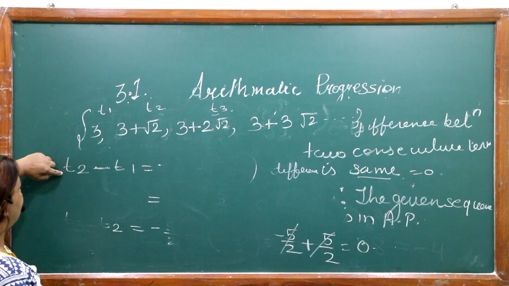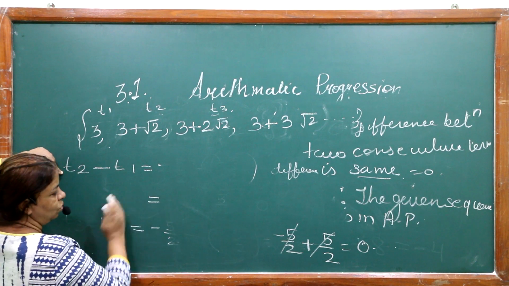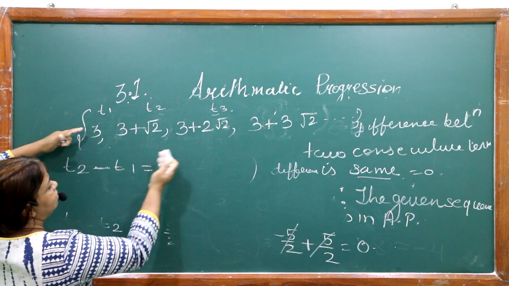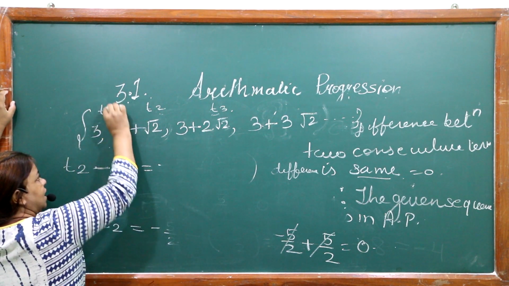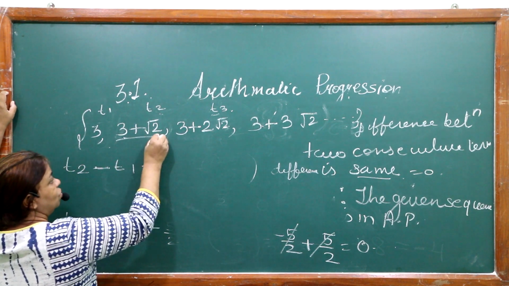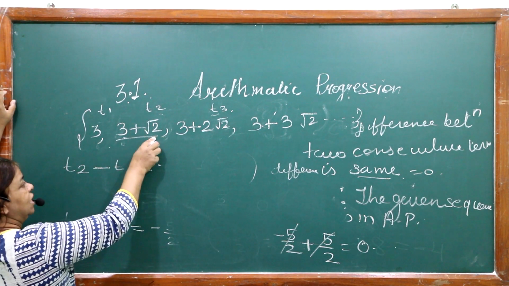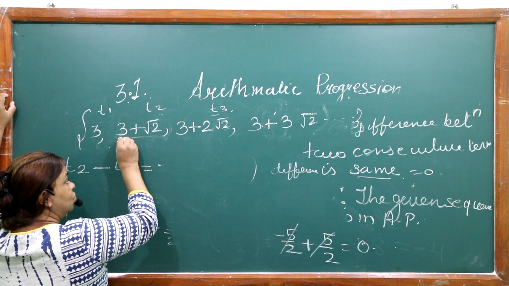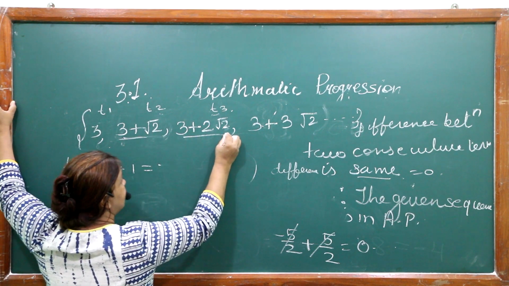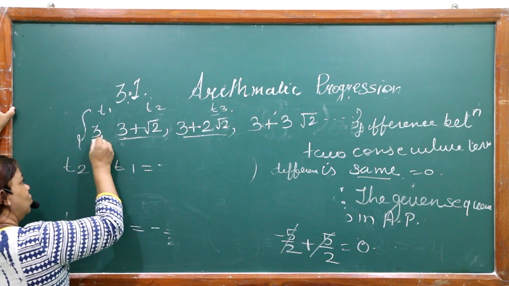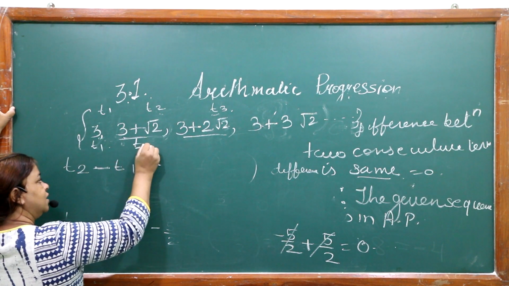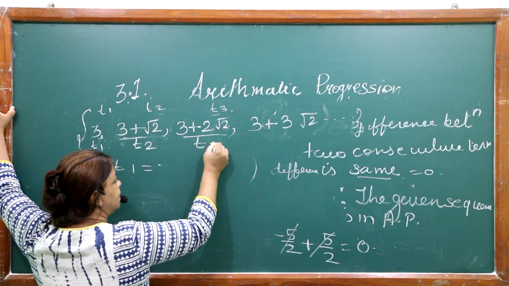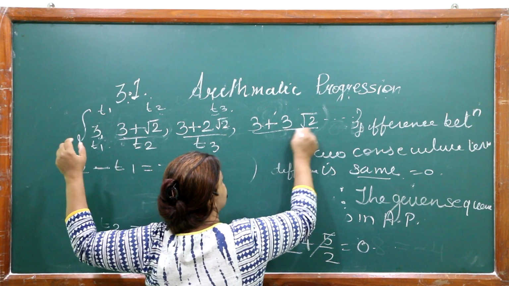Okay. As it is written, we have to follow the rule T2 minus T1. This is term 1 and this is term 2. This entire expression is term 2. Then this is term 3. I'll write below: term 1, term 2, term 3, and term 4.